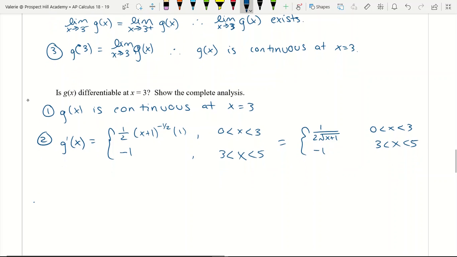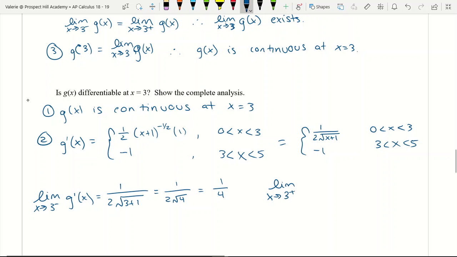So then the limit as x approaches 3 from the left of g prime of x would be equal to 1 over 2 root 3 plus 1, which is equal to 1 over 2 root 4, which is just going to be 1 over 4. And then the limit as x approaches 3 from the right of g prime of x is going to be just equal to negative 1.